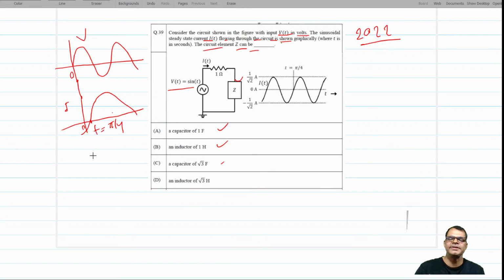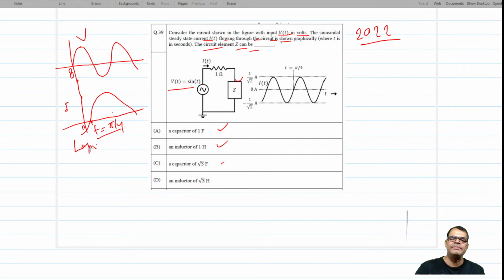So what you observe here, is I leading or lagging from voltage? The voltage zero is here at 0 and the current zero is at t equal to pi by 4. Simply it is lagging.